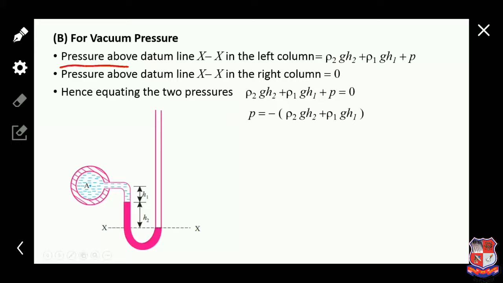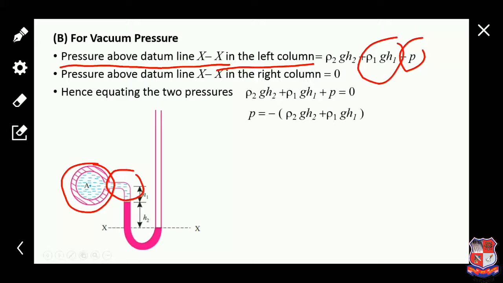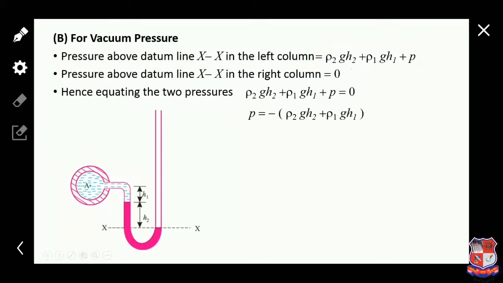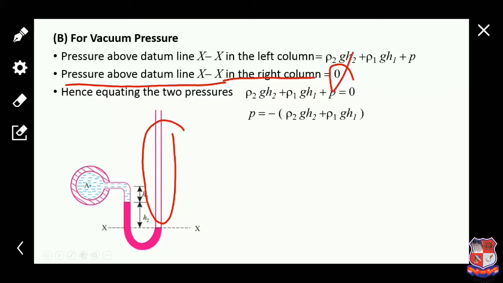First, the pressure above the datum line XX in the left column: first, the pressure inside the pipe P; second, the pressure due to the column of flowing liquid, rho 1 g h1; and the pressure due to the heavy liquid column, rho 2 g h2. Now on the right side, the pressure above the datum line XX in the right column is 0, because there is no liquid over the XX line in the right side column. So pressure is 0.